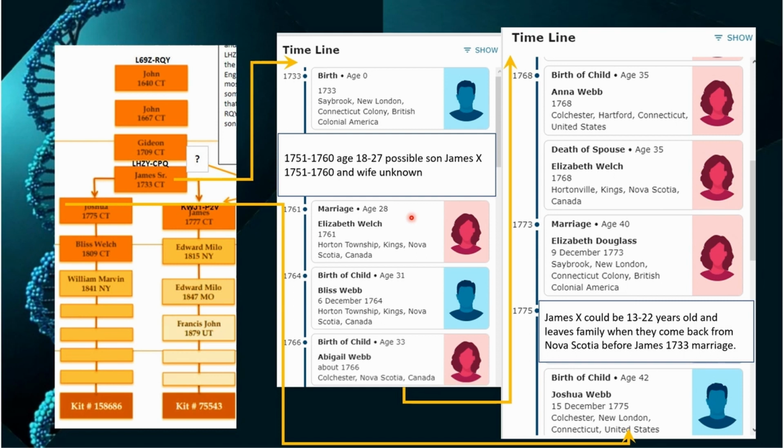And so in 1773, when he's married to Elizabeth Douglas, the James X that possibly came in this time frame would have been between 13 and 22 years old.